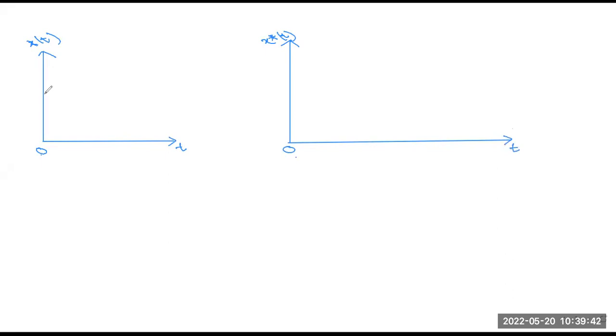That is the input signal, the continuous time input signal, and the curve is this one.